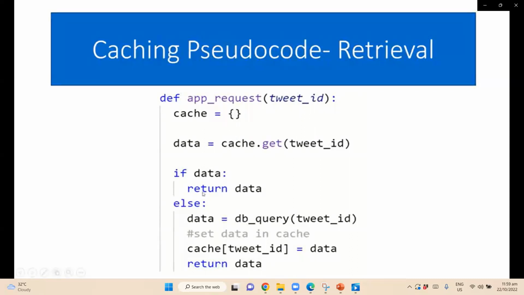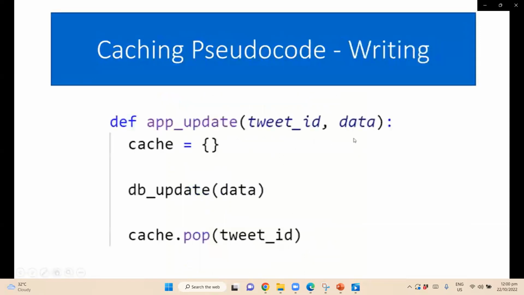If that returns data from the cache, we return that directly. Otherwise, we do a database query with that ID, we return the data, we set that into the cache, and then we also return it. So the next time a user requests that same tweet, it'll hit here and it will return, so we don't have to make that database query.